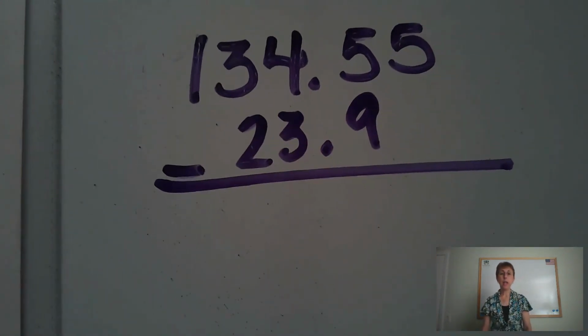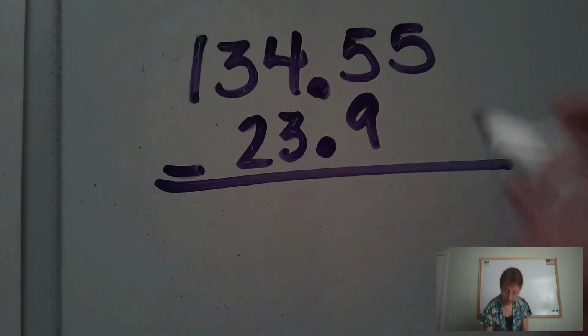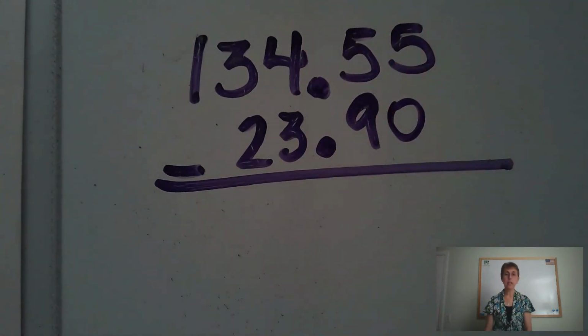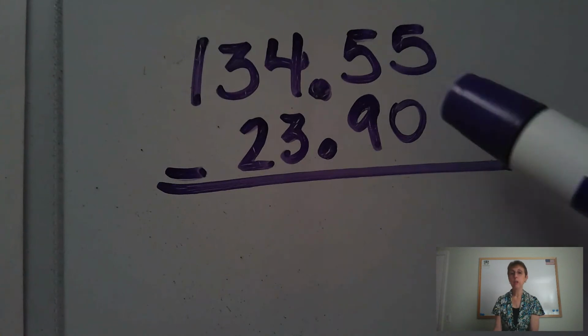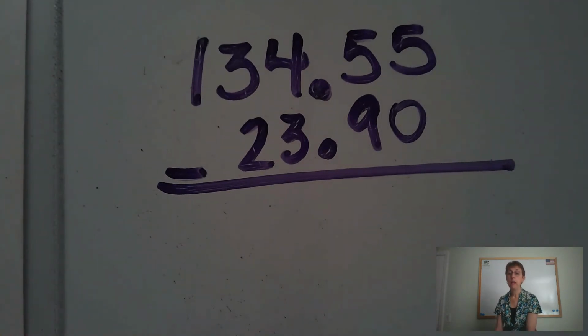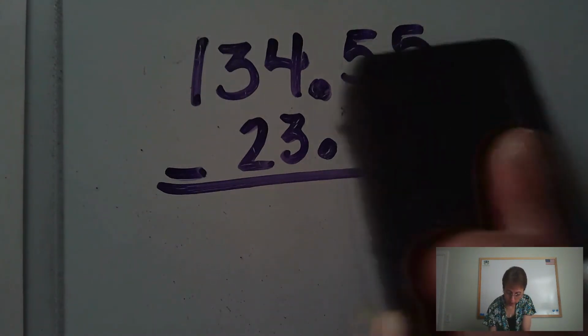And here we are again, where you need to make sure you're lining up your decimal points, and it's okay to fill in that 0 so that you make sure that you are subtracting correctly. There are times, and I don't see any of those examples here, but there are times where it's going to be necessary that you do fill in that 0 up above. Let me just change this up so that I can show you what I mean.